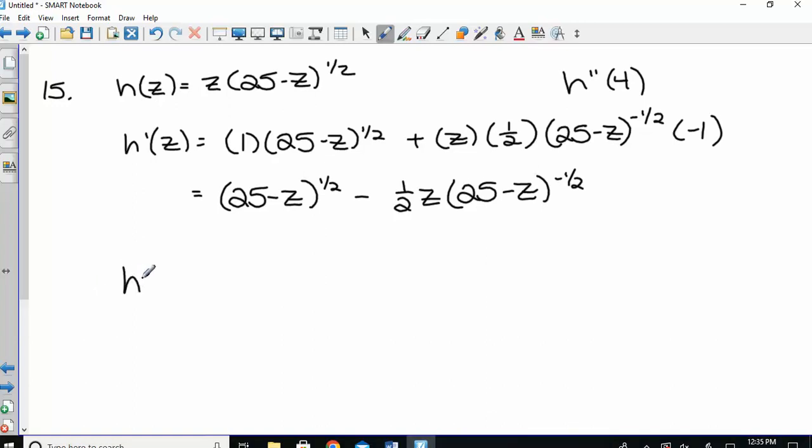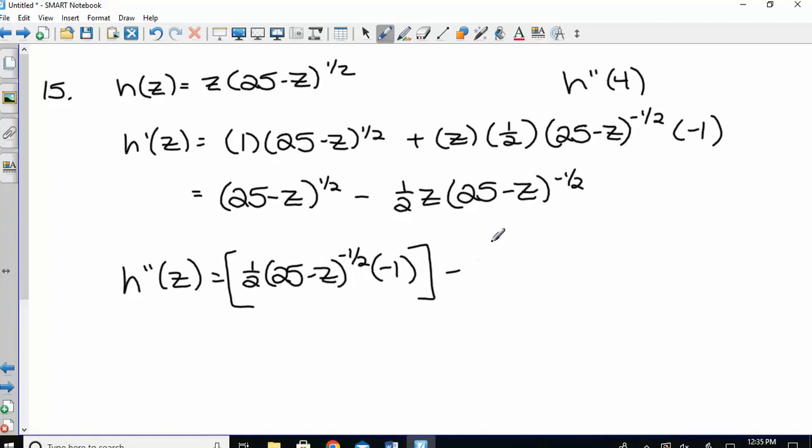But we need the second derivative. So we do it again. 1/2 comes down, inside stays the same, subtract 1 from the power, times derivative of the inside, which is -1. So that's the derivative of the first, minus the derivative of the second piece. So I'm going to have to do product rule.